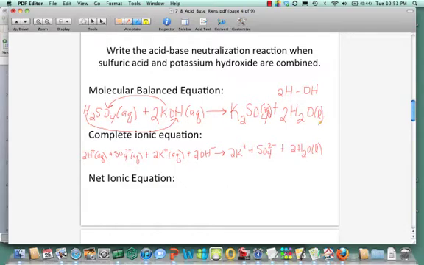Okay, now you can't write anything that is a liquid, a solid, or a gas as separate ions. So now we look at our complete ionic equation and we cancel anything out that occurs on both sides. So for example, 2 hydrogen ions do not occur over here. Sulfate ion occurs here and occurs here, so it cancels. Potassium ion occurs here and occurs here, so it cancels. Hydroxide ion occurs here, but it occurs in water over here, so it can't cancel.